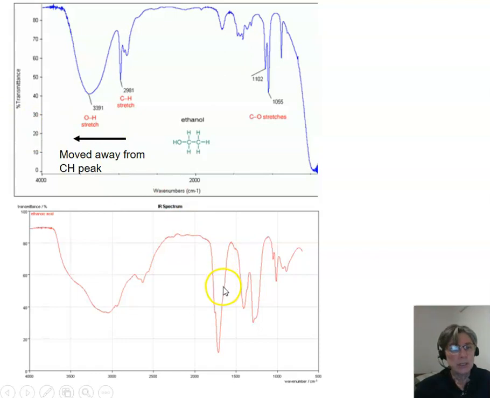You also notice this really sharp, strong peak here, and you can see this is 2000, this is 1500, it's at 1700. So that's our carbonyl peak. So these two peaks you get for a carboxylic acid, and not having that one and having that one is what you would get for an alcohol. If you didn't have this at all, then it could be an ester or a ketone or an aldehyde.